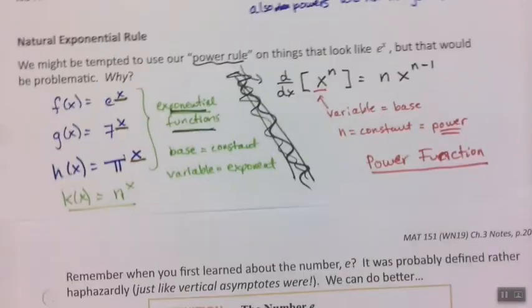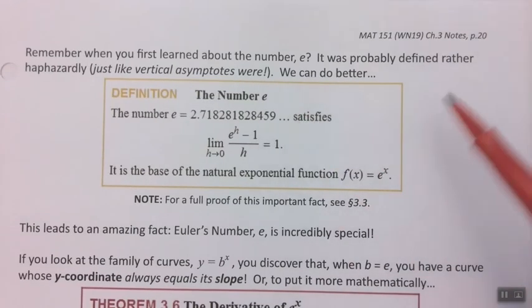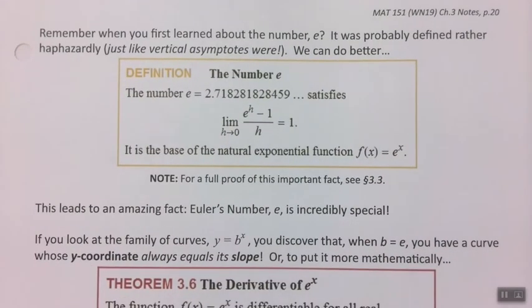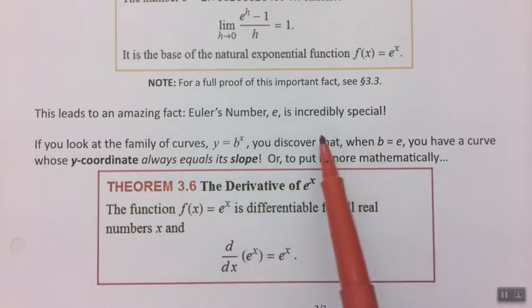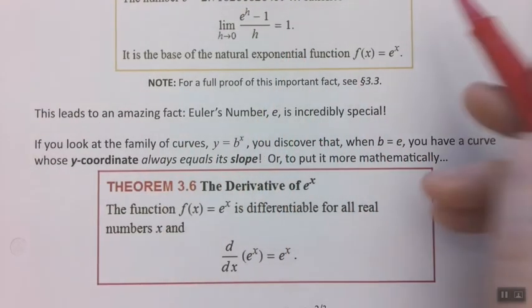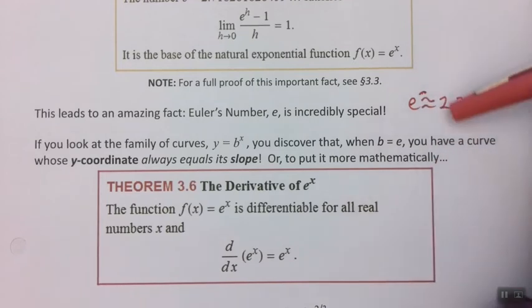Let me pull that rule up here. This is just a reminder of what the definition of Euler's number is, just as a little review. I think I should actually flip this page around and put this in front of what I just talked about, but that's all right. So this leads to an amazing fact. Euler's number, e, is about 2.71828 and some change.